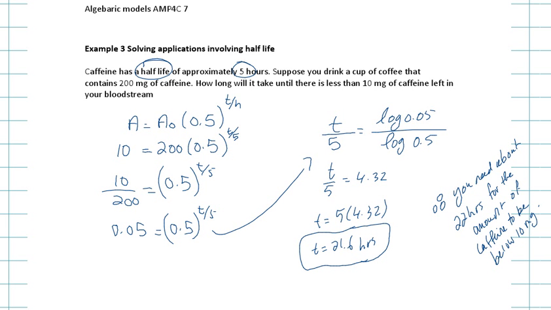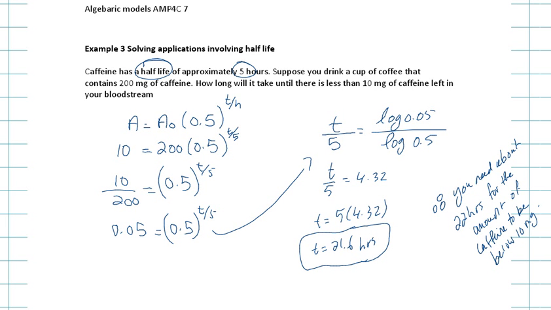That's very important, because the bottom here is going to be in hours, divided by 5 hours. They have to have the same unit. So my T has to be in hours. Instead of 1 day, I'm going to replace it with 24, and then I'll be looking for A, because how much caffeine do you have left after 1 day?